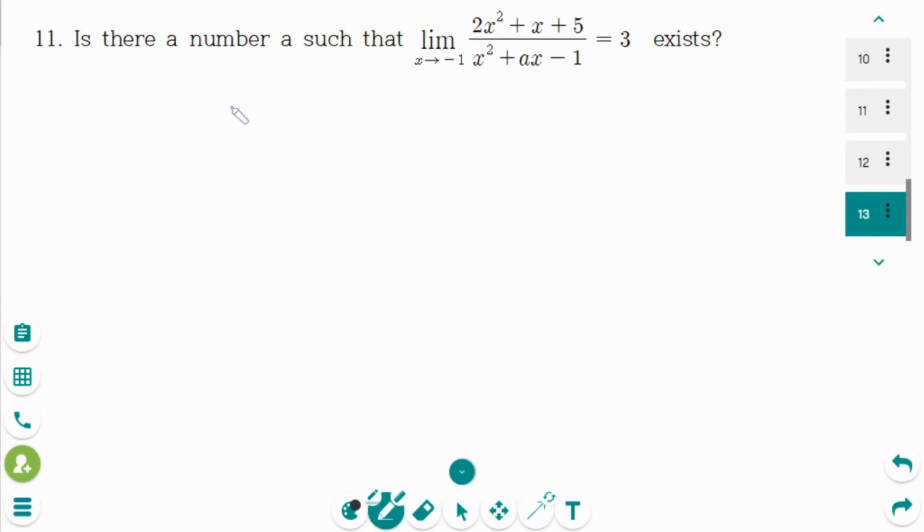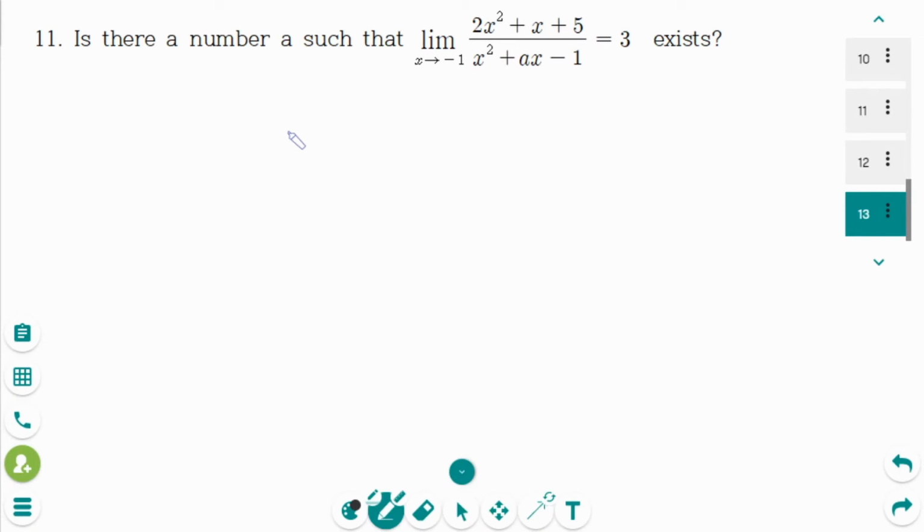Here is the next question. This is a new type of question. It will be a good opportunity to confirm how accurately you know what you have learned so far. So let's get started.